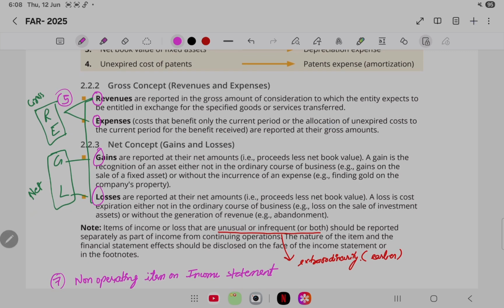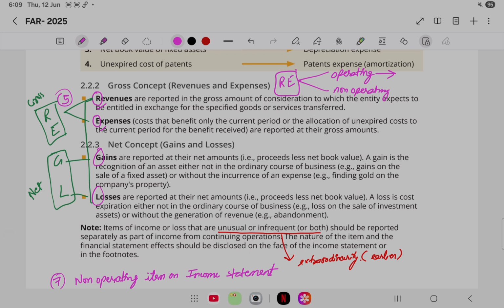Now the third point is that both R and E, revenue and expenses, are divided into two parts: operating and non-operating. Operating means they are mostly part of the normal operating activities. They are put separately on the income statement and presented as a gross amount, which I have made you understand.